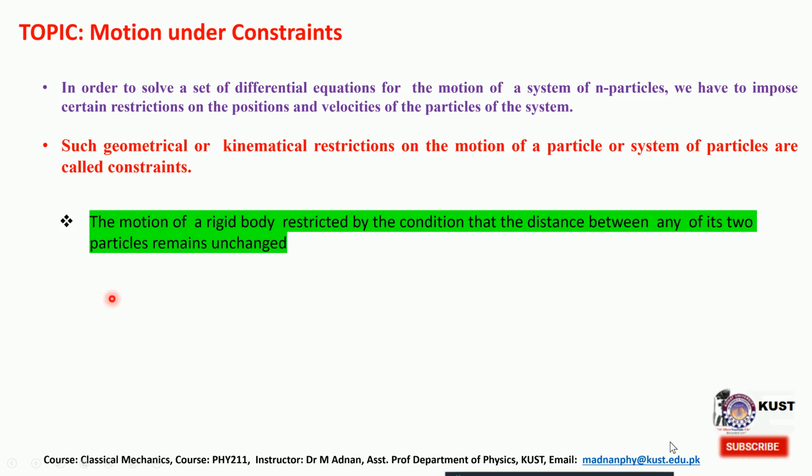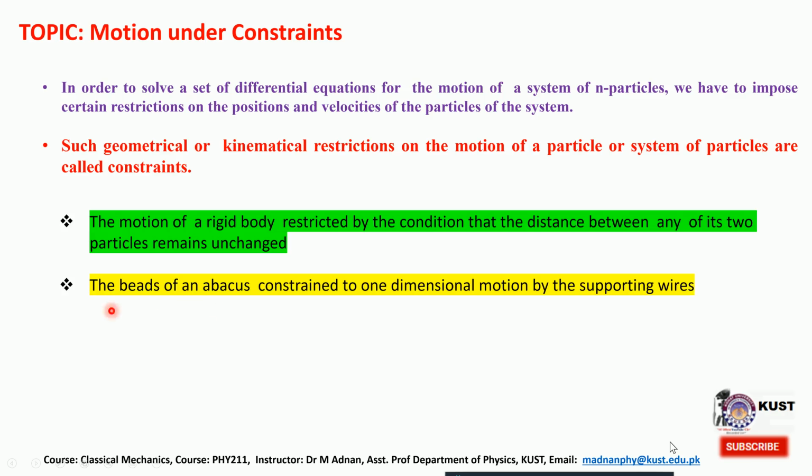Also, the bead of an abacus is constrained to one-dimensional motion by the supporting wire. We'll see two situations: in the first, the string is moving and the bead is also moving along that string, and in the other, a stationary string over which the bead is moving.